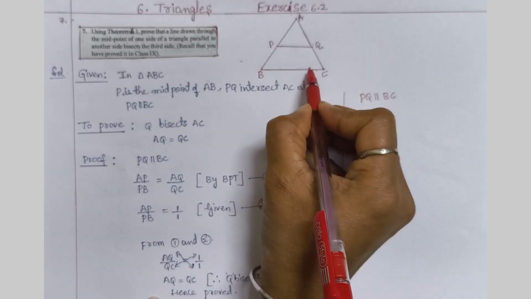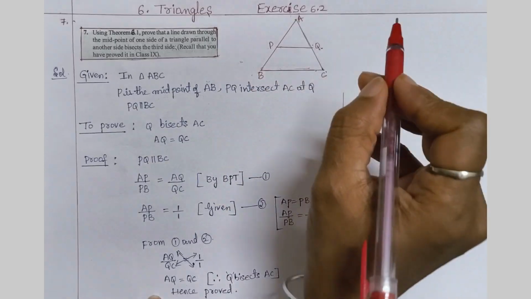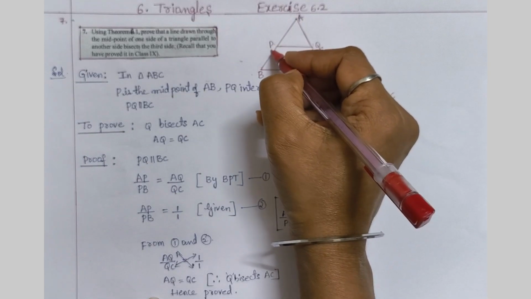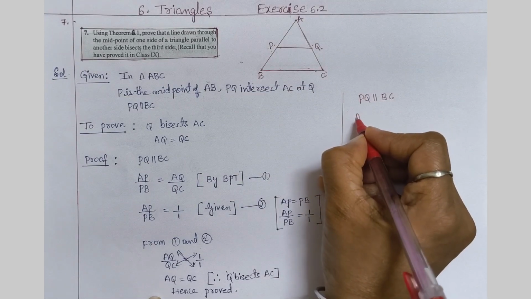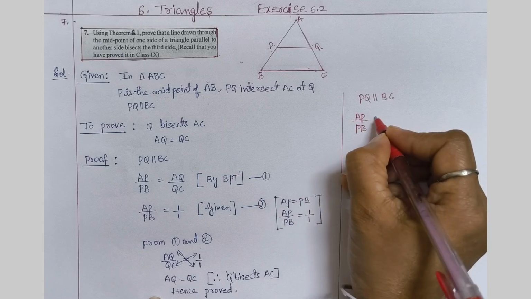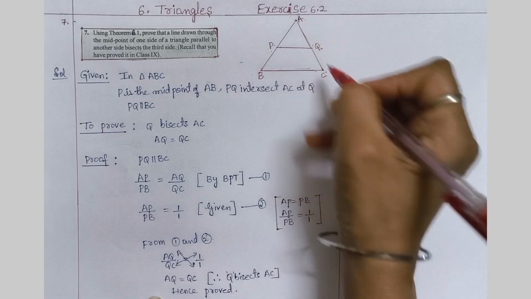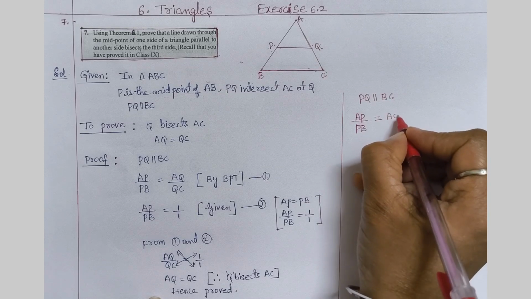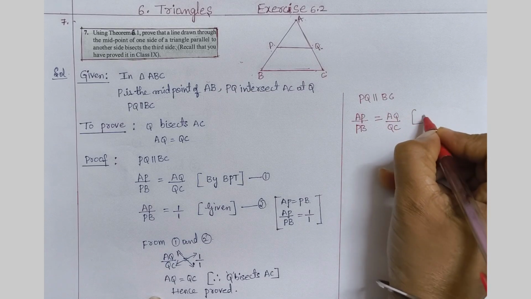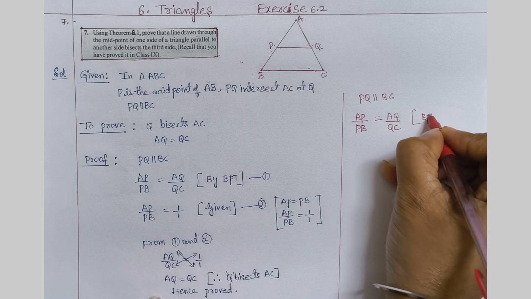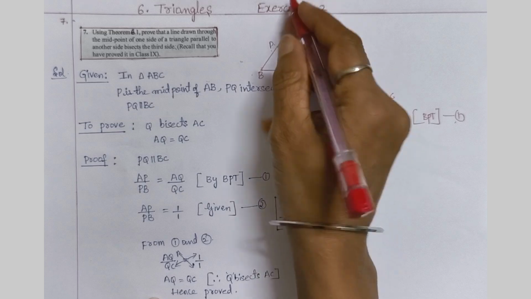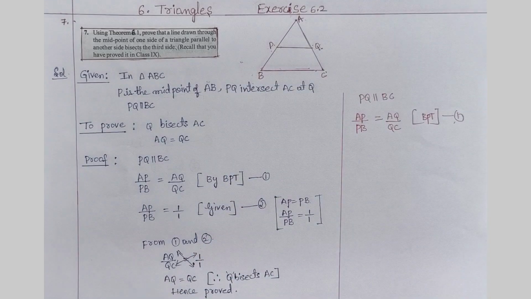So I am taking proportional: AP by PB equals AQ by QC. What is the reason? By BPT. One side parallel means the remaining two sides are proportional.